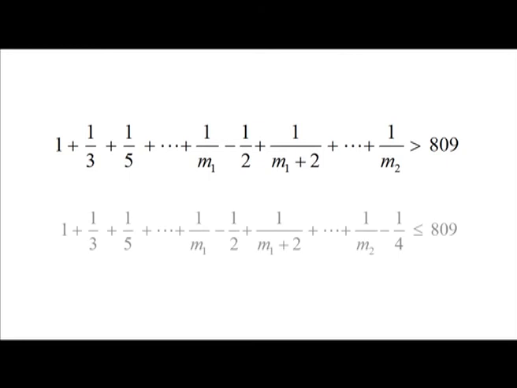Then 1 + 1/3 + 1/5 + etc. + 1/m1 - 1/2 + 1/(m1+2) + etc. + 1/m2 - 1/4 is less than or equal to 809.